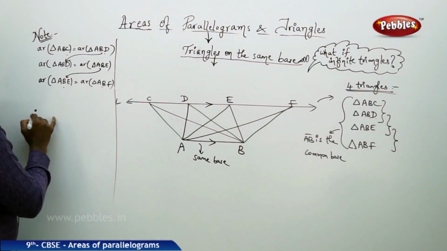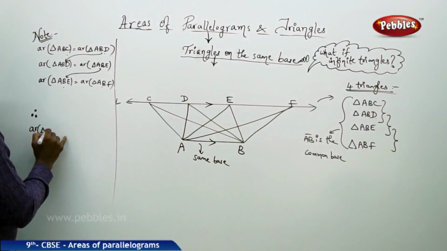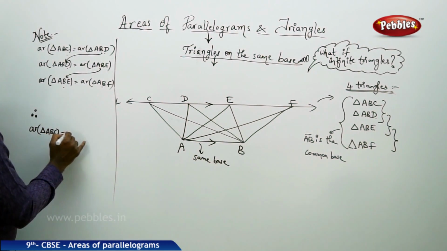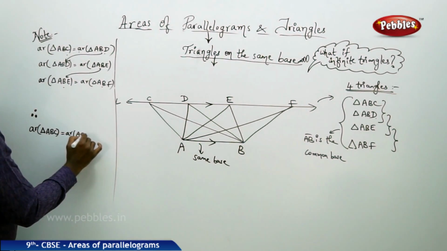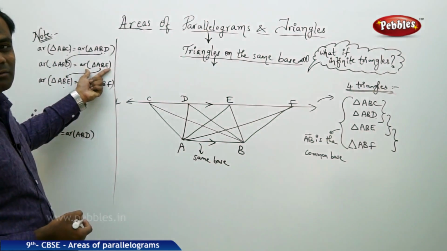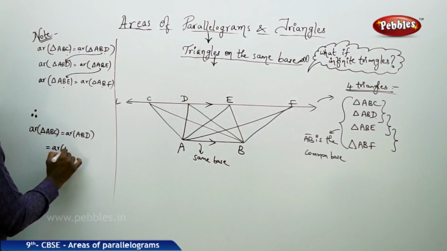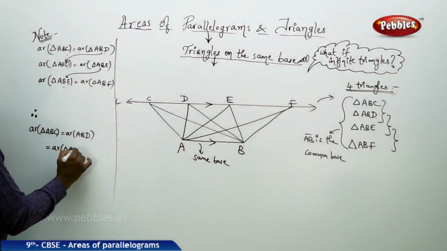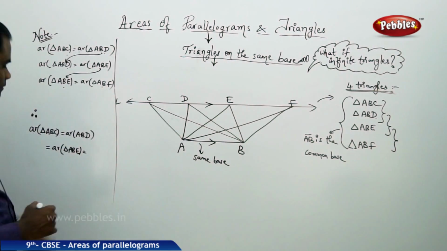Therefore, area of triangle ABC must be equal to area of triangle ABD, but area of triangle ABD, which in turn equals area of triangle ABE, and ABE equals ABF.